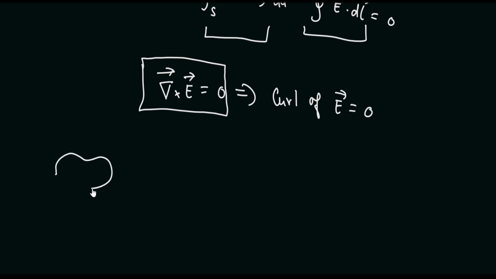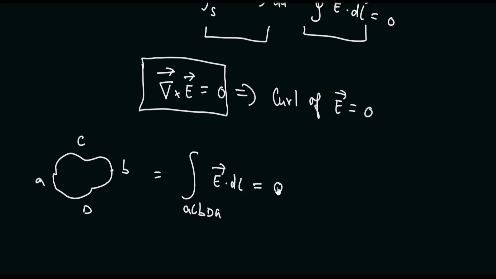Let's say this is a point A and this is a point B. Let's call this C and this D. Therefore, we know that the closed integral, going from A to C to B to D and back to A, of E dot dl will be equal to 0. That is what it means for the curl of the electric field to be 0. We can break this integral into two parts. We can go from A to B via C, and we can go from B to A via D.